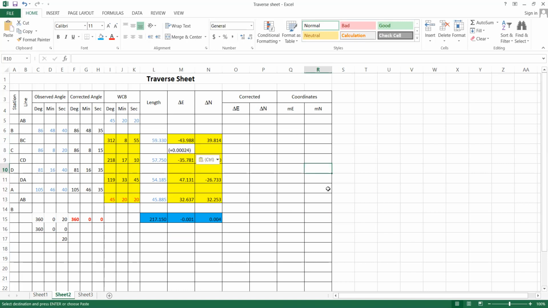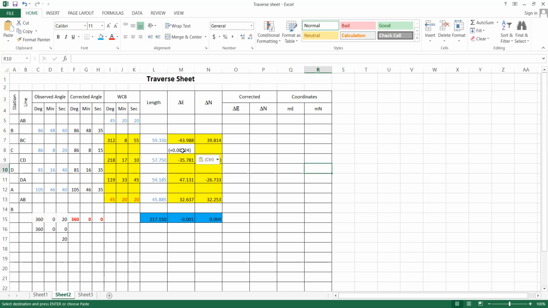Actually, it comes as 0.24 millimeters. We put it just below the delta E value. Right? Similarly, we have to put all these.